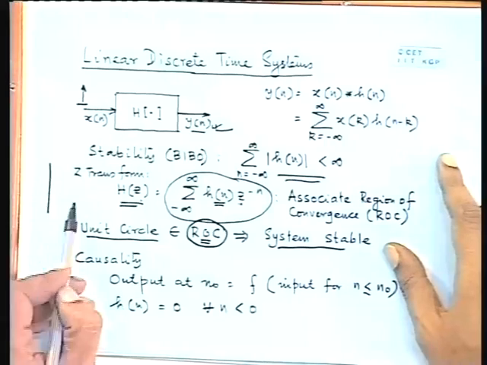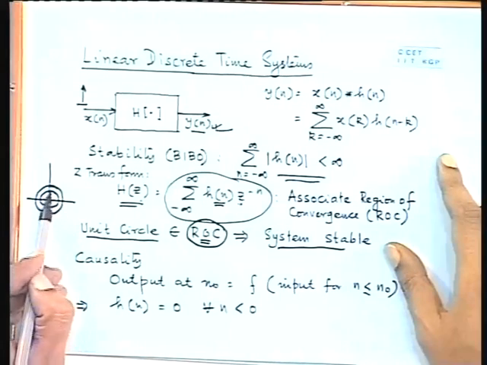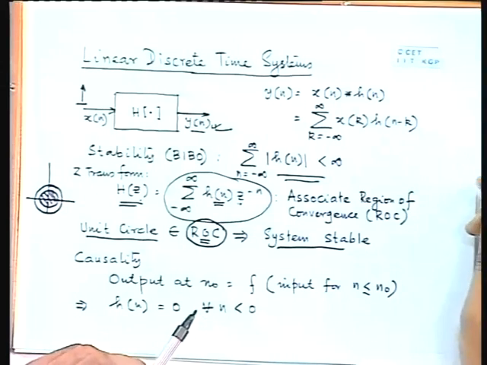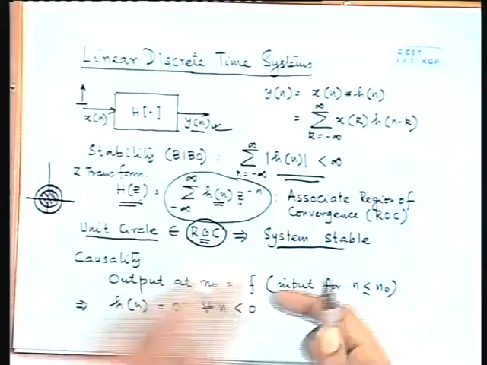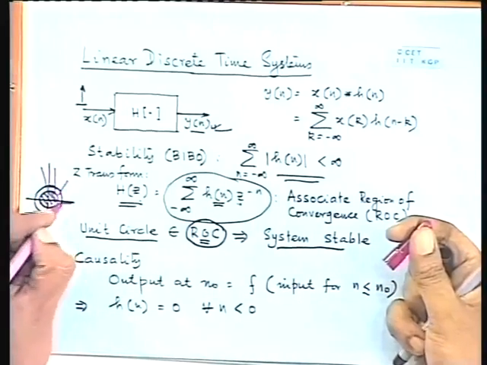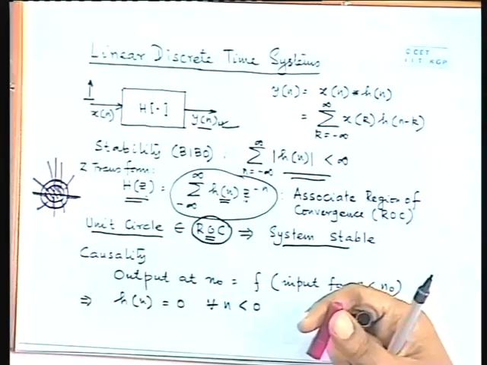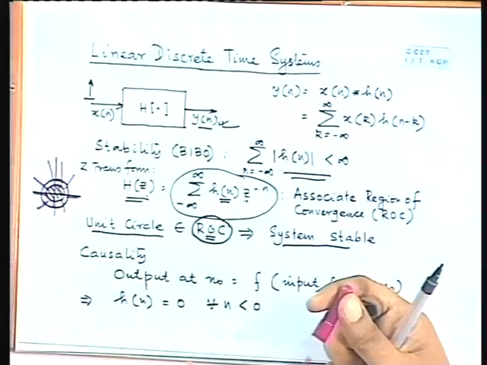For example, if this is the unit circle, and the region of convergence is here, then it is not a stable sequence. Then that system is not stable. But if the region of convergence is this, then it is stable, because it contains the unit circle, right?